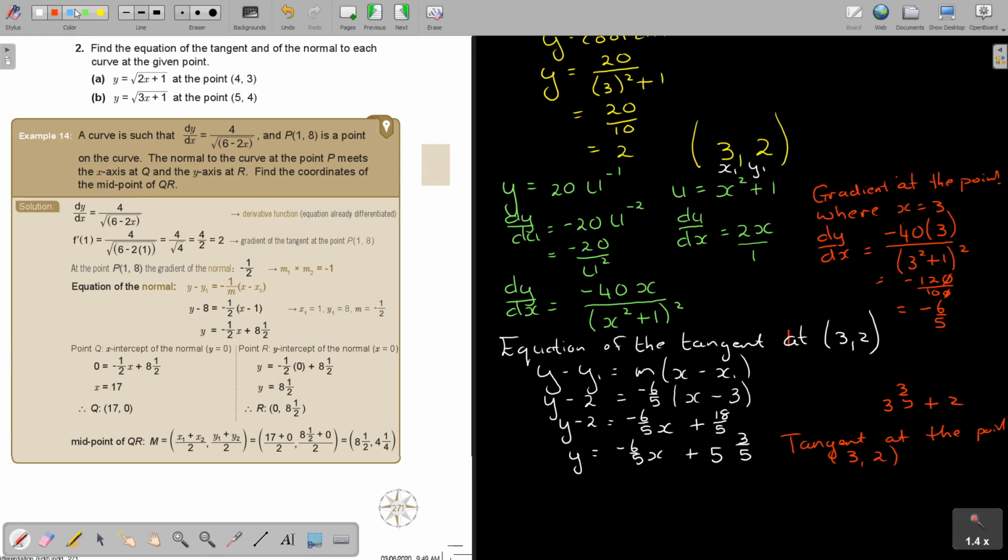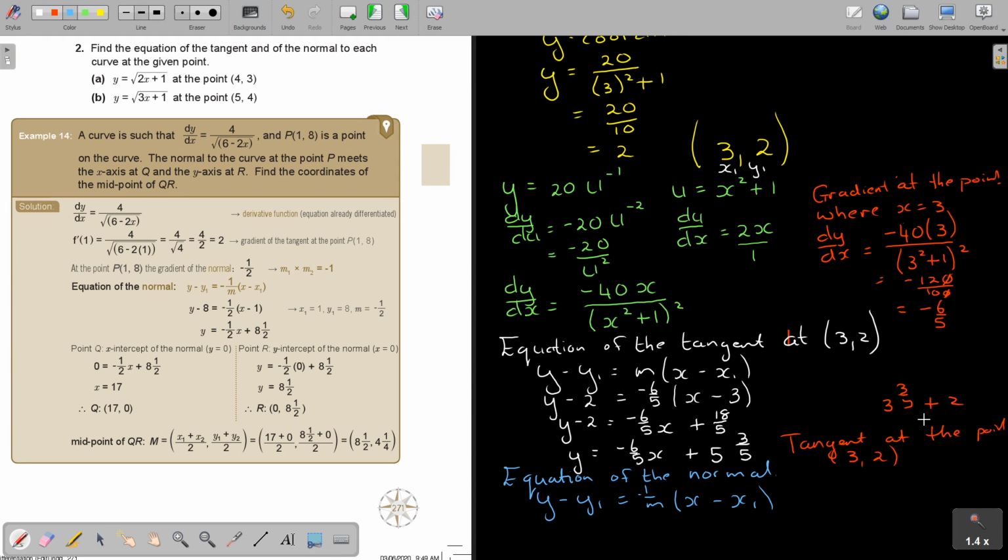What color can we use now? Blue. The normal, so the equation of the normal. I'm going to get the pen correct. The equation of the normal, and remember that it's y minus y1, but we can change it, it's negative, but I can just change it around because it's a fraction.